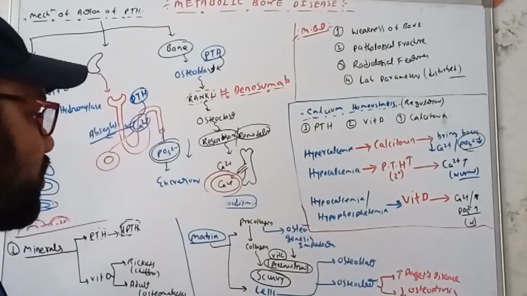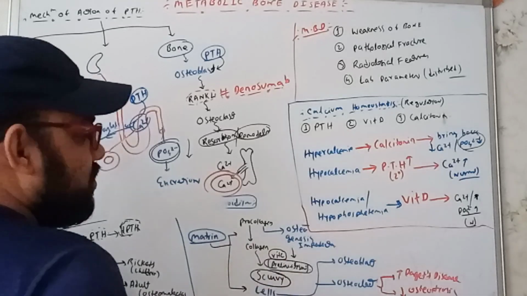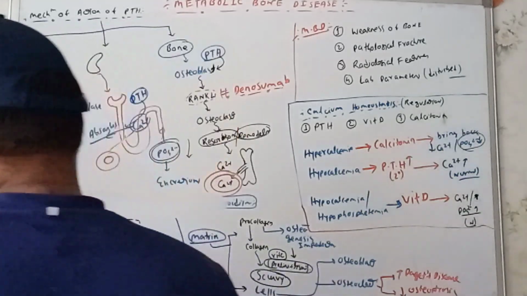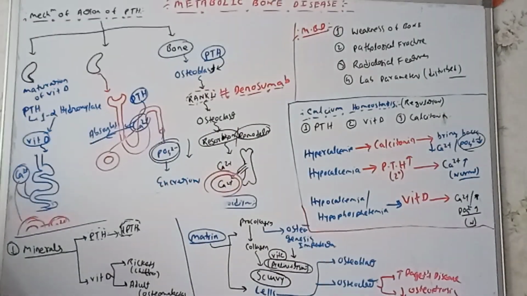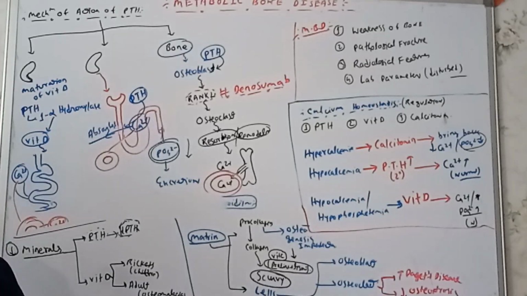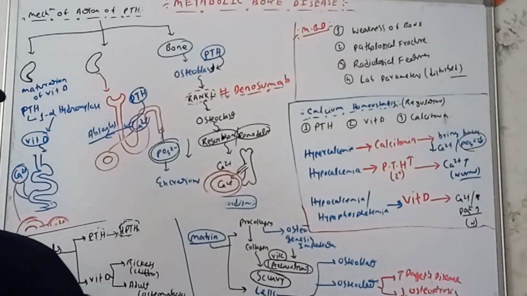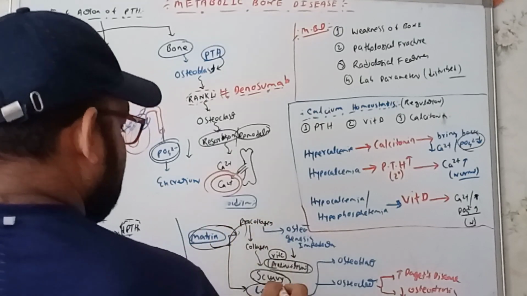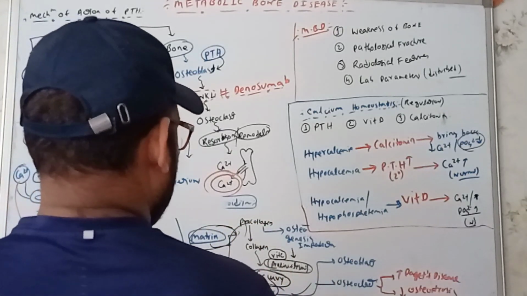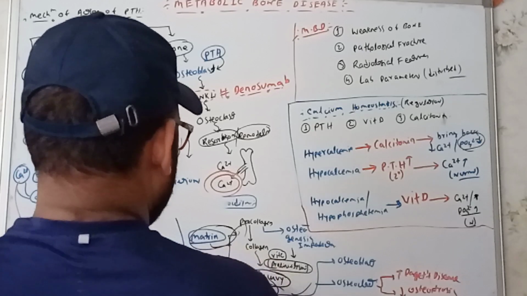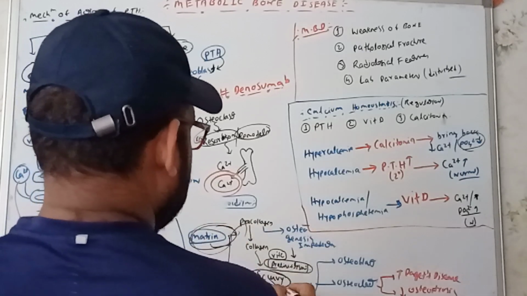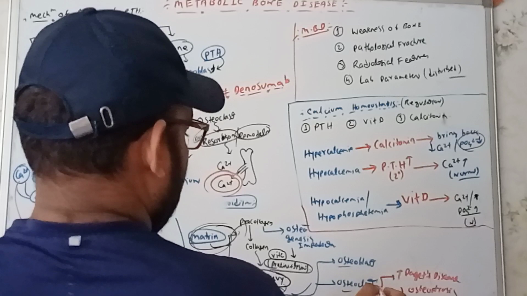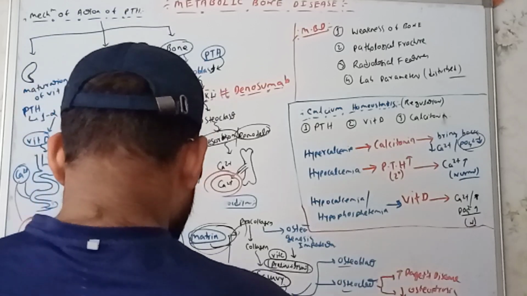So these are the disorders we'll see as far as the matrix is concerned. Don't get confused with this one. The matrix is responsible for the collagen, and the cells are totally different: the osteoblast and the osteoclast.